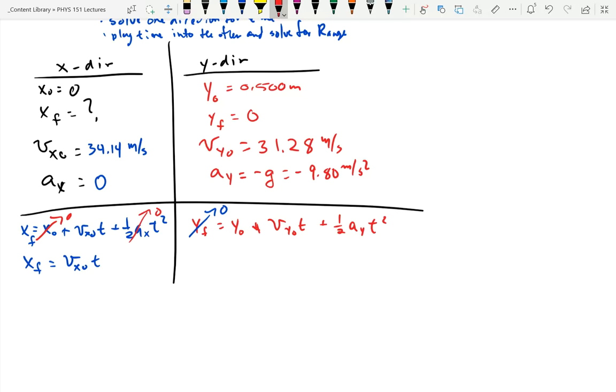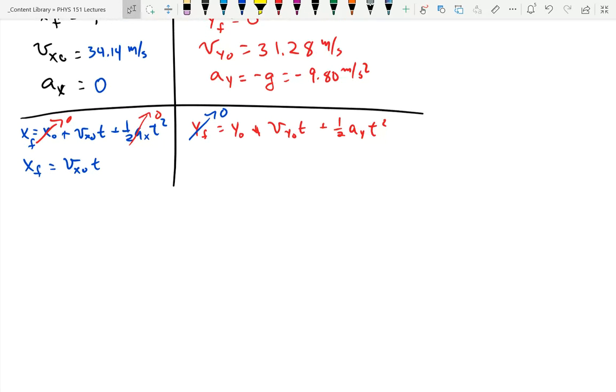So the quadratic, you have an equation in the form 0 equals a t squared plus b t plus c.